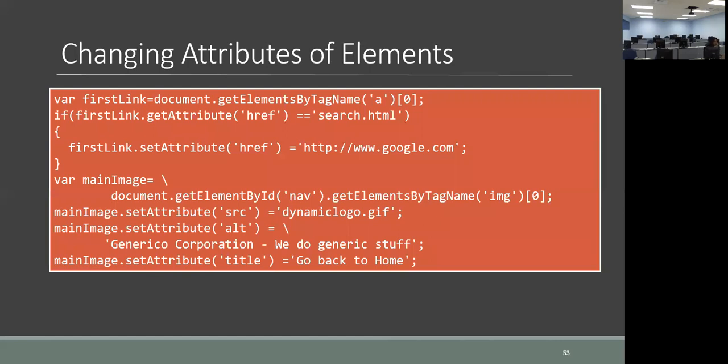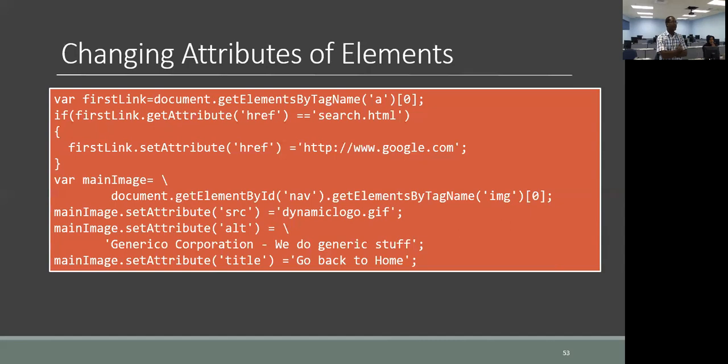We now see we create a variable called firstLink that gets the first anchor element in the document. So we store it as a variable called firstLink. Now, firstLink, because it's a document object, has the method getAttribute available to it, and you specify the attribute that you want as href.